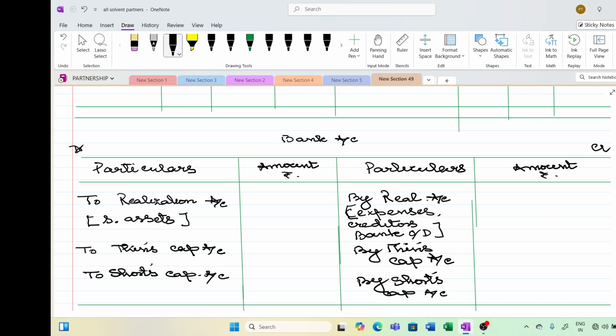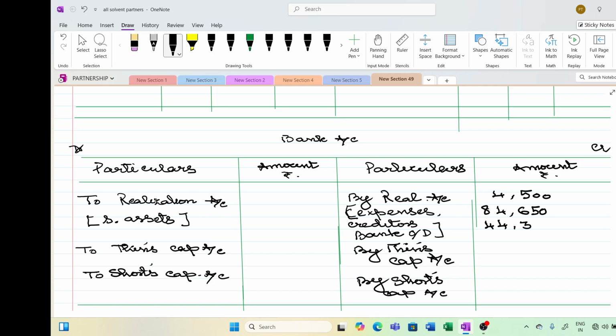So how much have we paid for expenses? 4,500. And we have paid 84,650 to creditors. And the bank overdraft we have made the payment of 44,330.